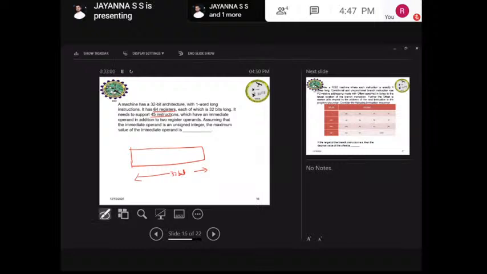This instruction consists of an opcode, then an immediate operand in addition to 2 register operands. There will be 2 registers, R1 and R2, and in addition to the 2 registers, there will be one immediate value.